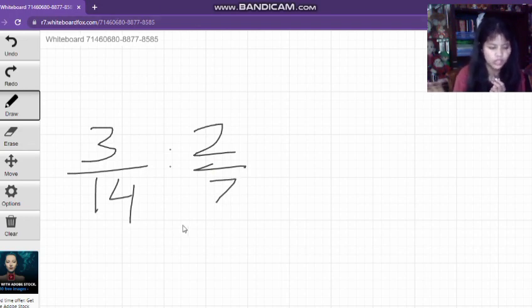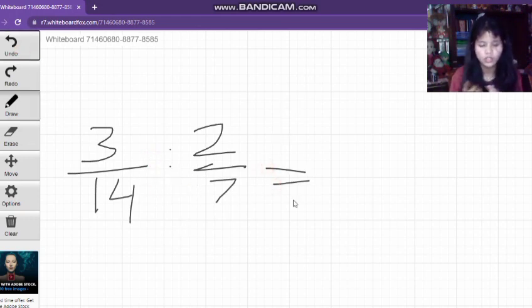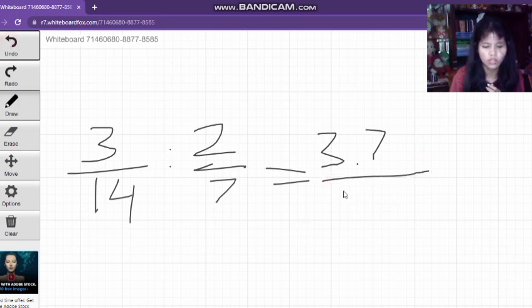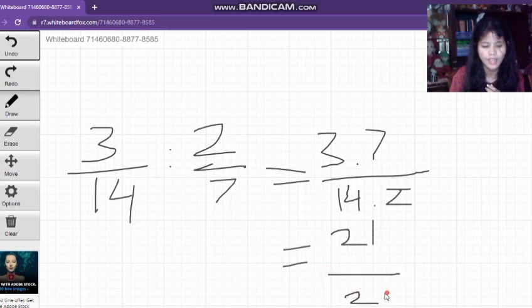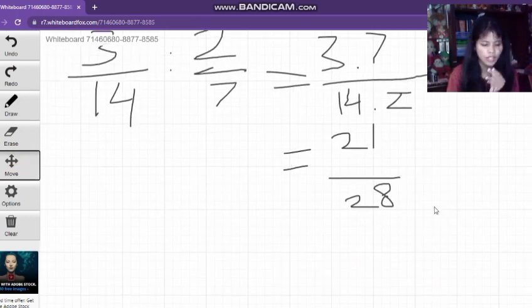As usual, do a cross multiplication. 3 multiplied by 7 over 14 multiplied by 2 equals 21 over 28.